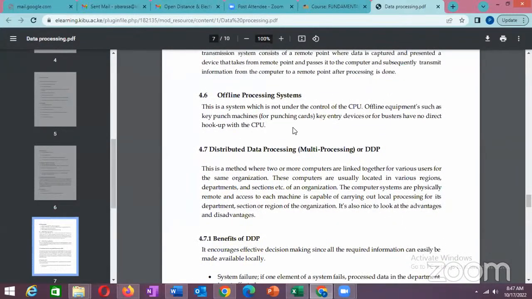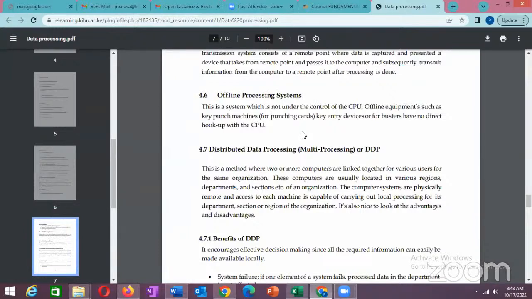Then we have what we call the offline processing system. This is a system which is not under the control of the CPU. Offline equipment such as the key punch machine for punching cards, and mostly first generation computers used this. I don't think right now we're using punching cards.